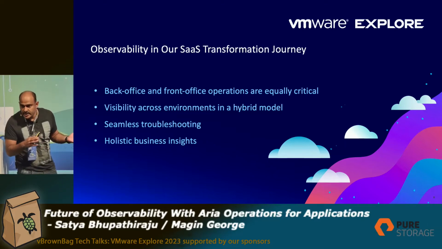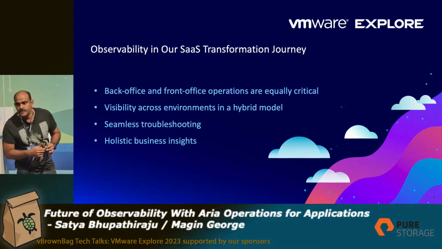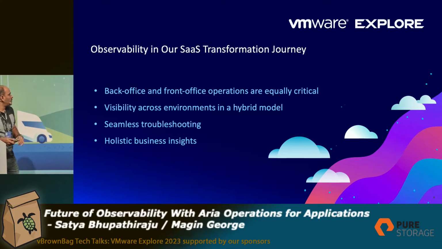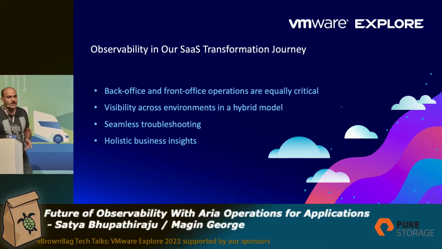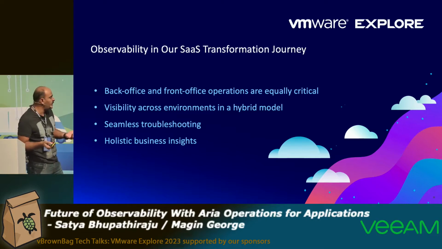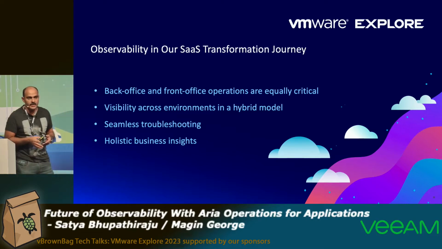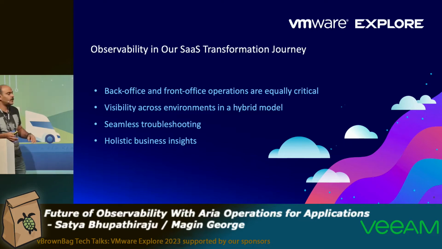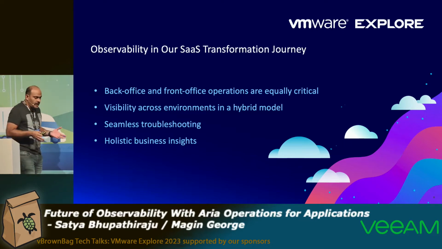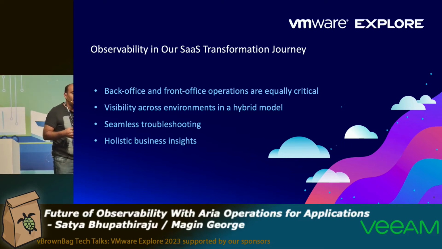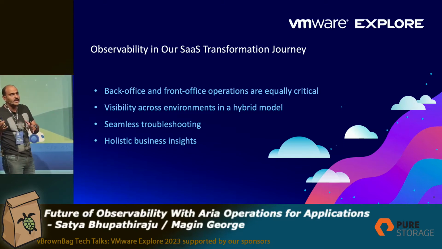The user phrasing or the origin of the request. So seamless troubleshooting is the need of the hour. We cannot spend hours on fixing a very mission critical system. So that was another requirement. And observability can provide in-depth data insights apart from the operation side.